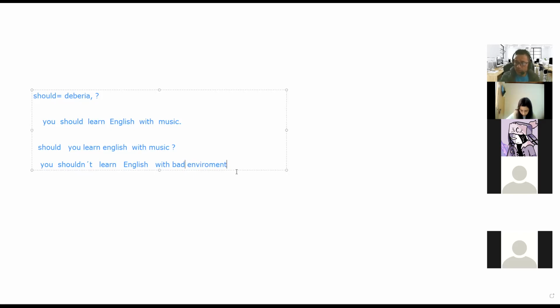So if you go to the classroom and people are bothering you and the teacher is pushing you to learn quickly, or the class is very boring because you don't understand, so the environment is complicated for you. It's complicated for you to understand that.